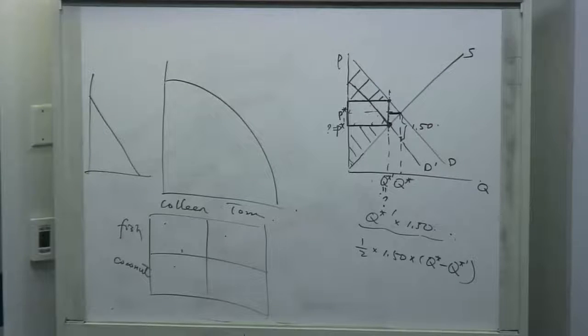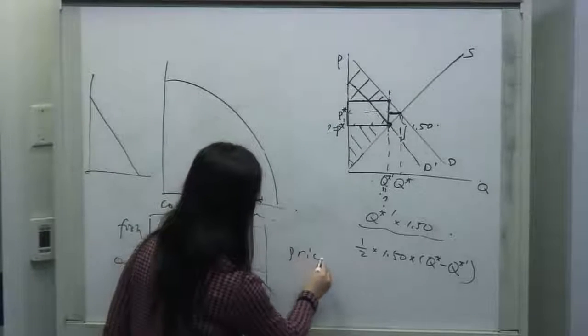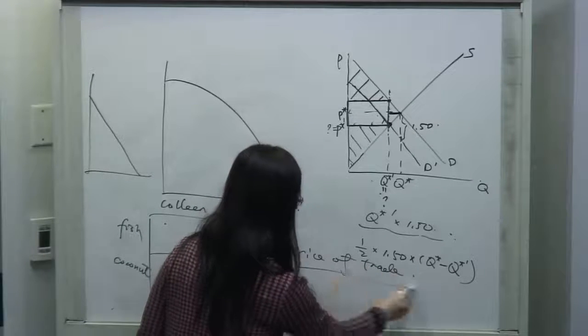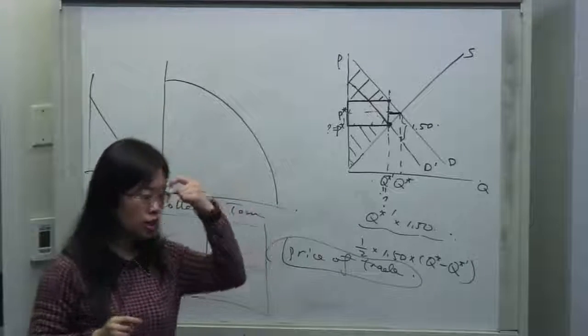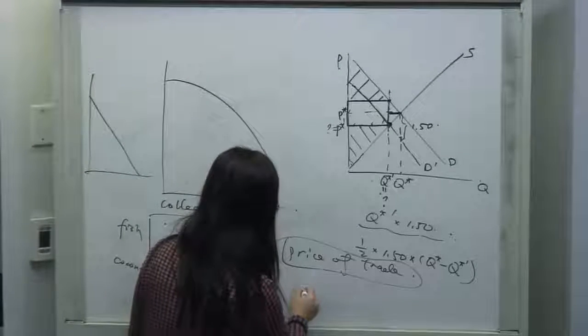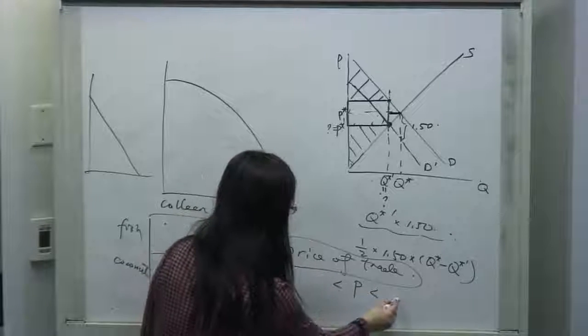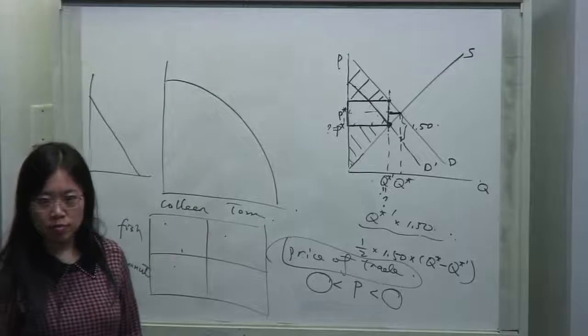Okay, then the last one would be the price of trade. How do you determine the price of trade? We go over this a lot. So the formula is, there is an upper bound and there is a lower bound, right?